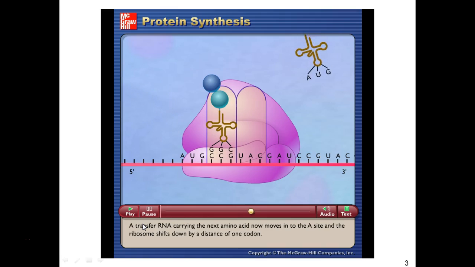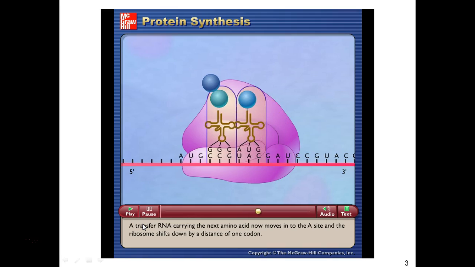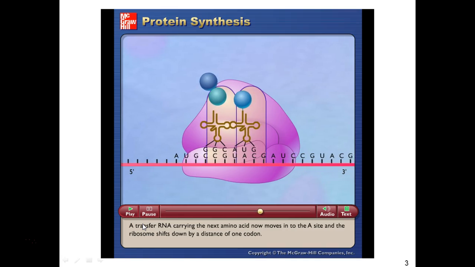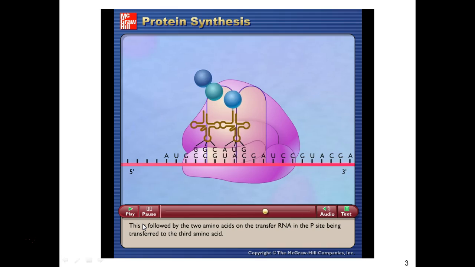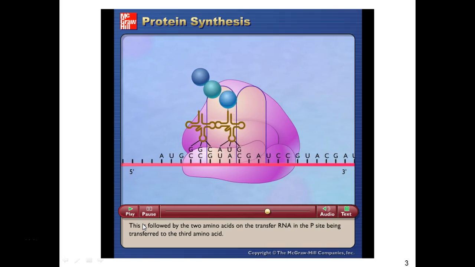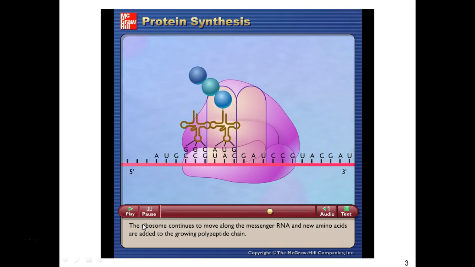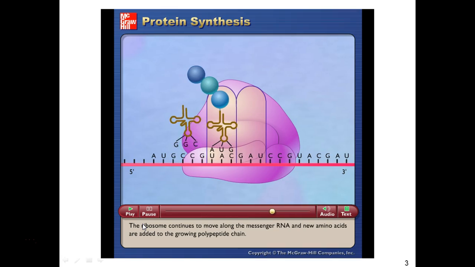A transfer RNA carrying the next amino acid now moves into the A site, and the ribosome shifts down by a distance of one codon. This is followed by the two amino acids on the transfer RNA in the P site being transferred to the third amino acid. The ribosome continues to move along the messenger RNA, and new amino acids are added to the growing polypeptide chain.